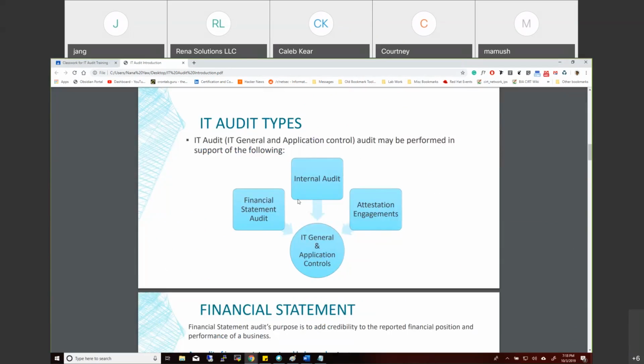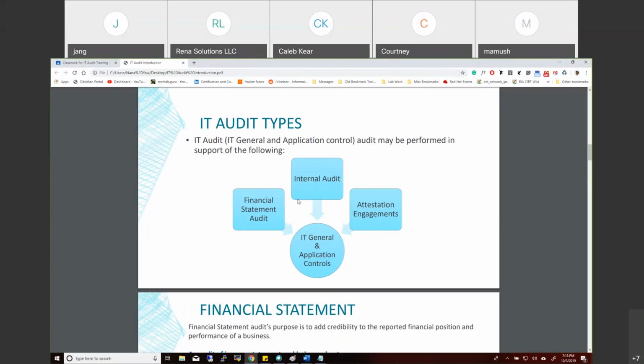Some people listed the project, some people listed SOX attestation engagement, some people listed SOX compliance audit, operational audit. Those are the projects that fall under one of these categories. When we talk about IT audit types, we talk about the umbrellas that these projects fall under, okay?